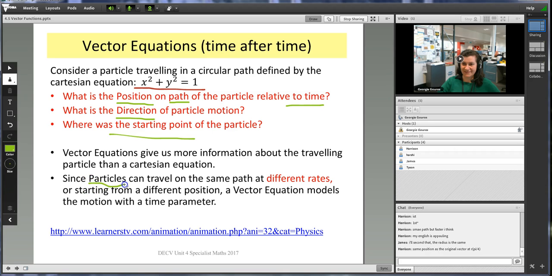Particles can travel on the same path at different rates, as we just saw in the example before. They can also be travelling on the same path from different directions: one can be going clockwise and the other anti-clockwise. And if we don't have the time parameter, we won't know how the object is behaving on that path.